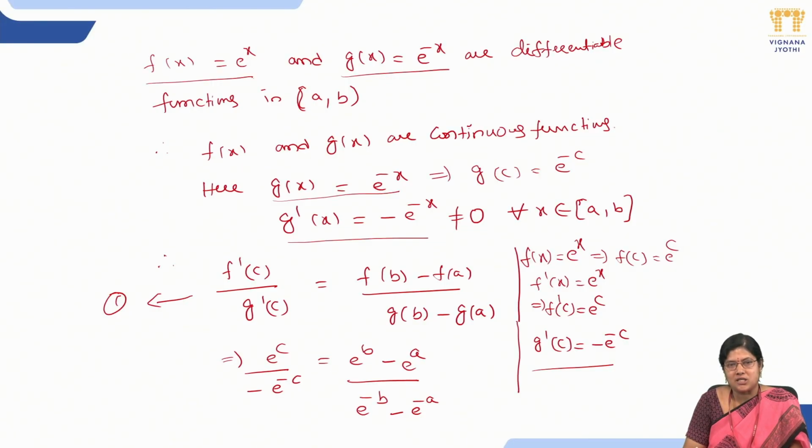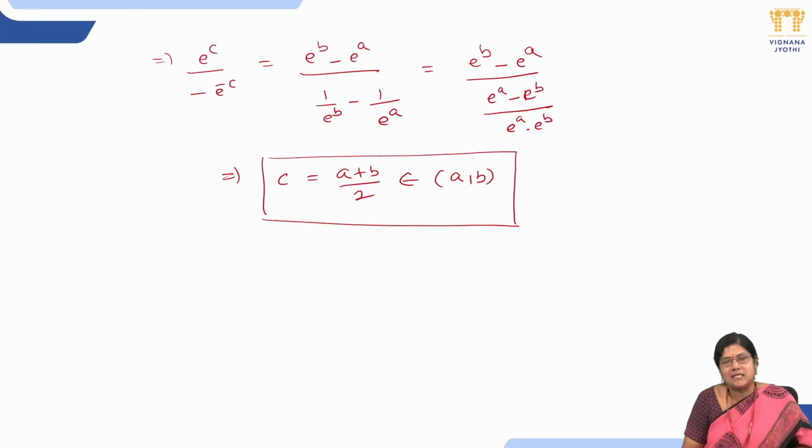From the statement of the theorem, we have f dash c by g dash c equal to f of b minus f of a by g of b minus g of a. After substituting all values in equation 1 and simplifying, finally we get c is equal to a plus b by 2. That value clearly belongs to the open interval a comma b.